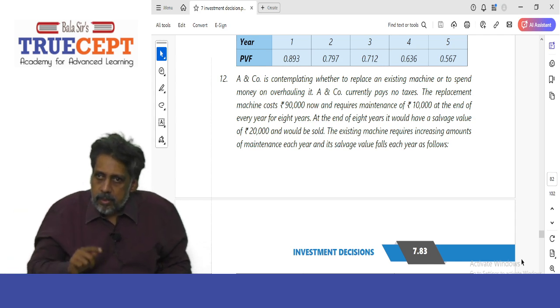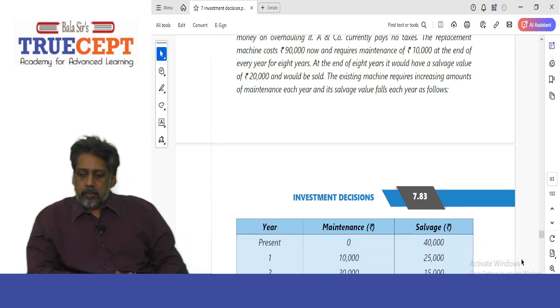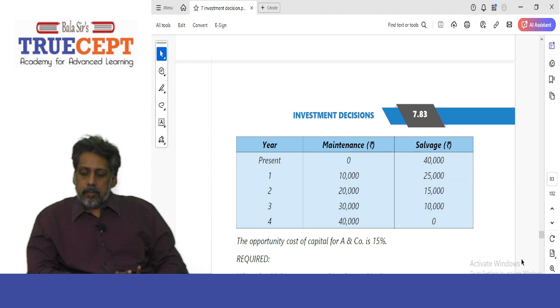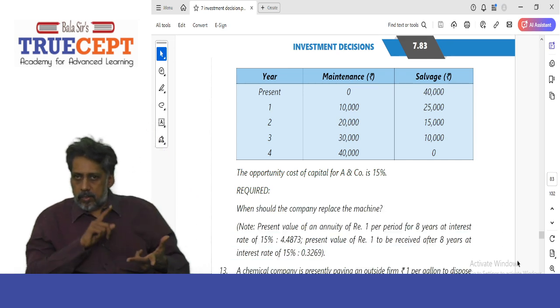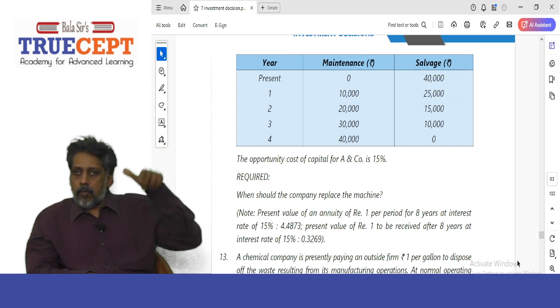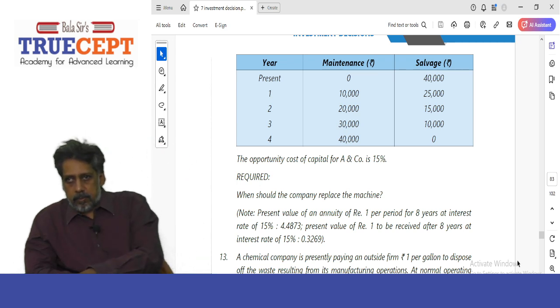It has to fall. Now the details are given here. Present maintenance is 0, salvage value is 40,000. Present means at time 0 there is no maintenance cost, and it can be sold for how much? 40,000 rupees immediately.